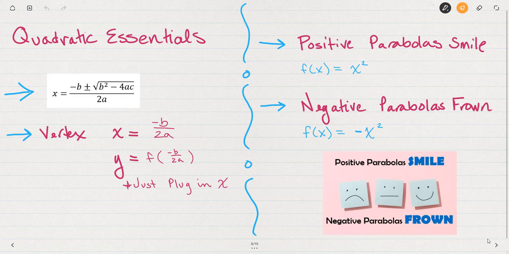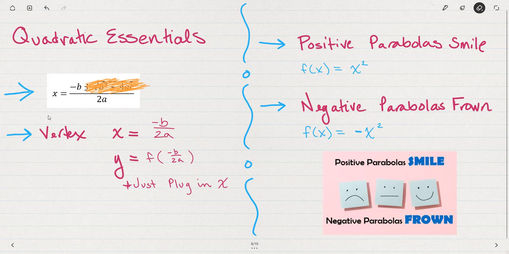Just in wrapping it up, here's those essentials again. We start with the quadratic formula. You've got to know that. And if you do know that and you scratch out the radical, we've got the formula to find the x component of the vertex, which is the opposite of b over 2a. Once we have x, we can plug that into our equation to get the y value of the vertex.